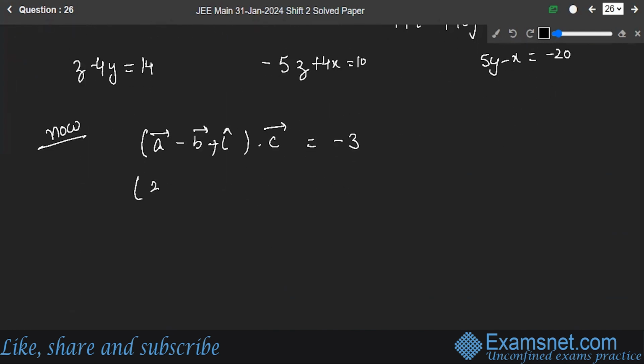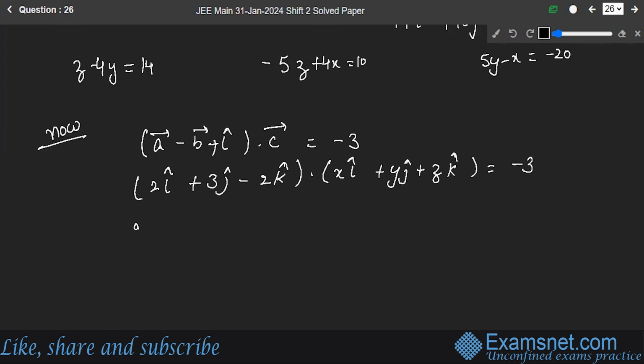So this will give me 2i, 3j minus 2k, dot product with xi, yj, zk is equal to minus 3. You will have 2x plus 3y minus 2z is equal to minus 3.